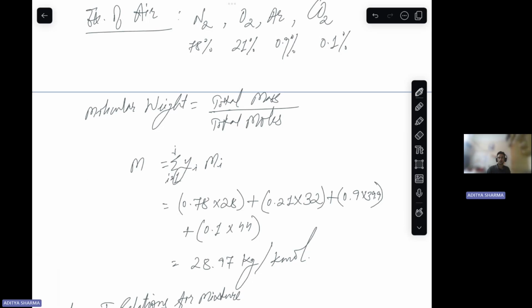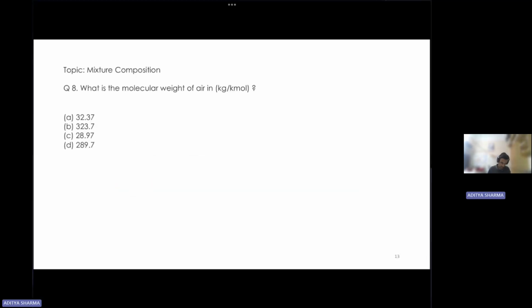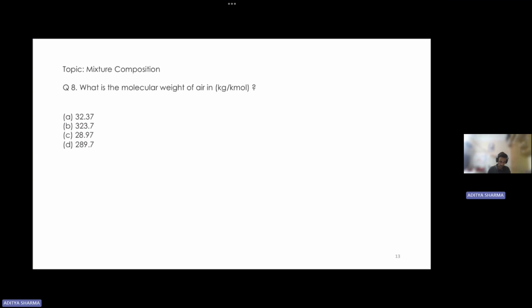So the value here is 28.97. Okay. So if you see your four options, out of all these four options, your option C is the correct one. Right?